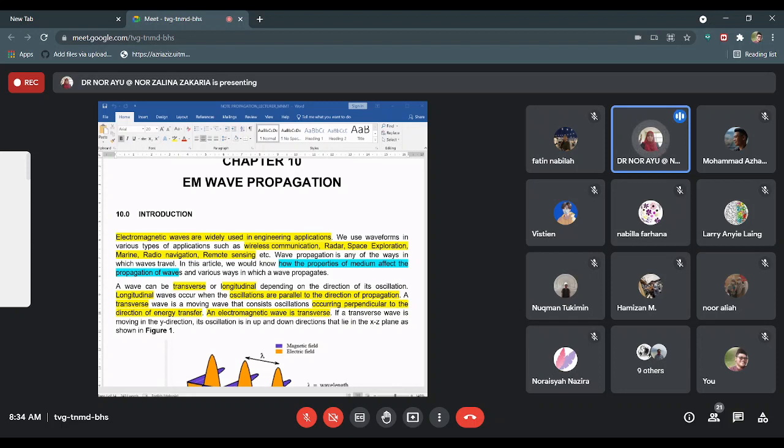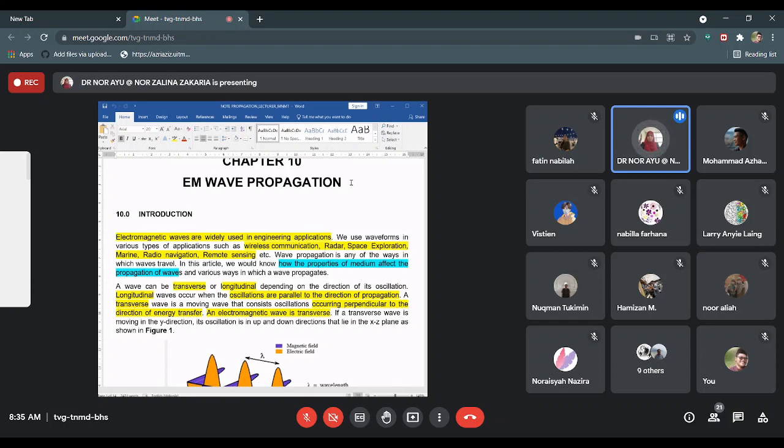Alright, so again, this is the last chapter in our syllabus: EM wave propagation, or electromagnetic wave propagation. Before this, we learned about electrostatics, the electric field intensity and so on. Next we learned about magnetostatics for the magnetic field.